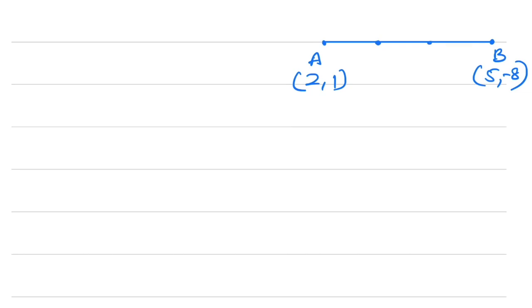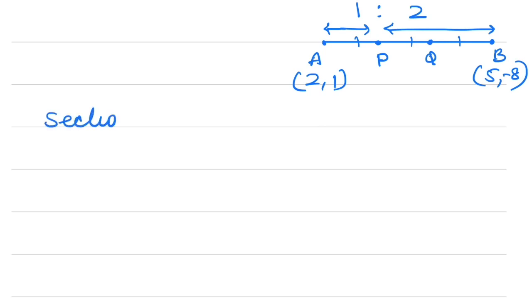So AP, PQ and QB are equal, trisected, and P is nearer to A. So now the ratio of AP is to PB will be 1:2. Now here we need to find out the coordinates for P, and we are going to use the section formula.